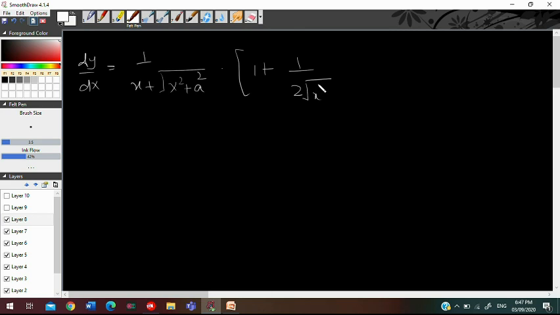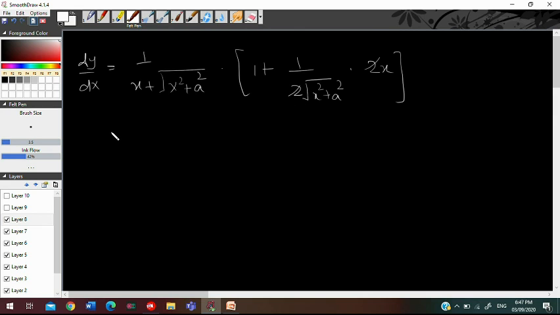We have dy by dx is equal to 1 by (x plus under root x square plus a square) into 1 plus 1 by 2 (x square plus a square) to the power minus 1 by 2 into 2x. This 2 is cancelled with this 2.